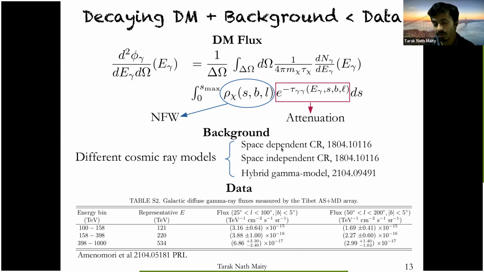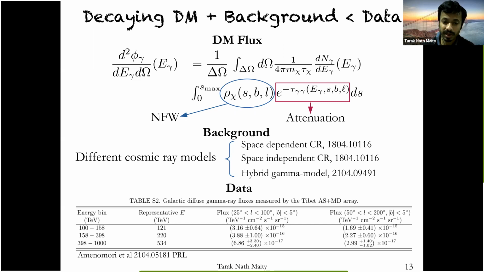For the space independent case, you assume that the gamma ray spectrum is almost constant throughout our galaxy, but for the space dependent case, you do not assume that. There are several other assumptions given in the paper. For the hybrid model, along with the hadronic contribution to the gamma rays, you also include the leptonic contribution coming from inverse Compton.